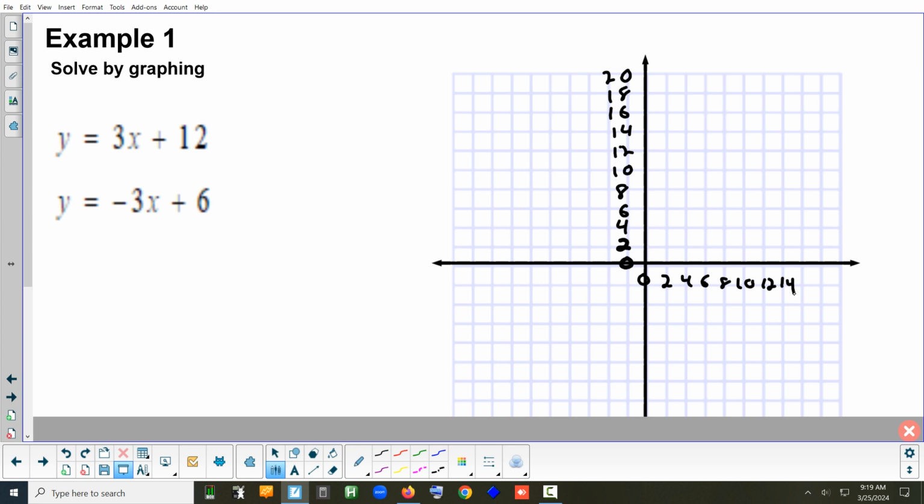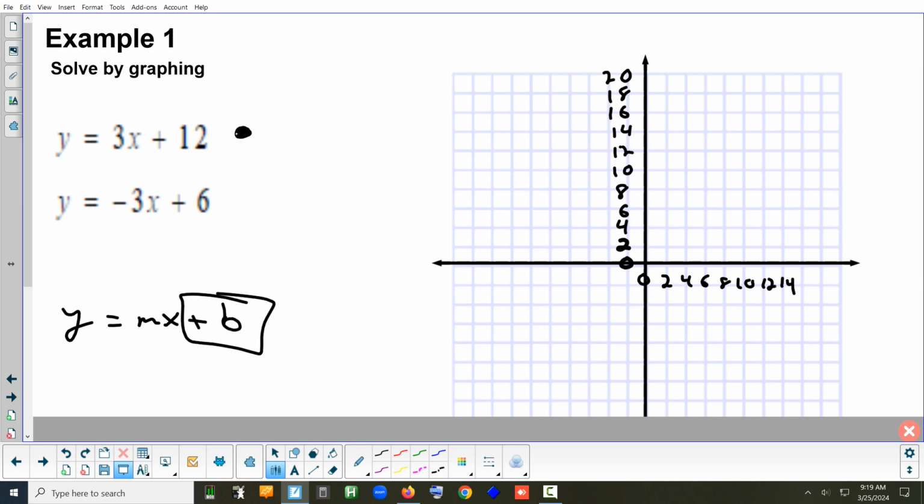Not quite. You want to help her out? What's the y-intercept in the first one? 12. How do you know that? It's the only number that's paired without a letter. Right. The y-intercept, when you write your equation in this format, is whatever is right there. That's your y-intercept. So where do we put a dot for the first one?